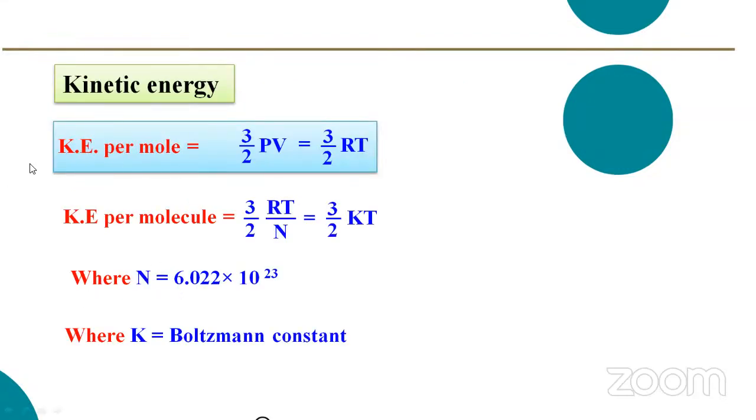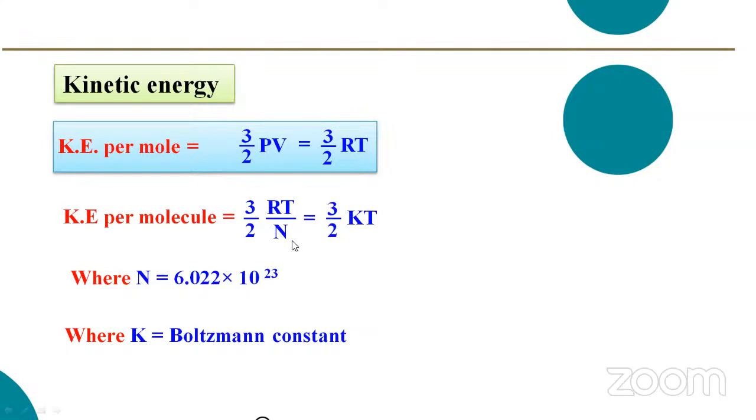Then what is kinetic energy? When you're finding out the kinetic energy per mole, it is 3 by 2 PV. So PV is nothing but your RT. So it is further simplified as 3 by 2 RT. When you're finding it per molecule, they have introduced the Avogadro's number as well as the K. K is nothing but your Boltzmann constant.